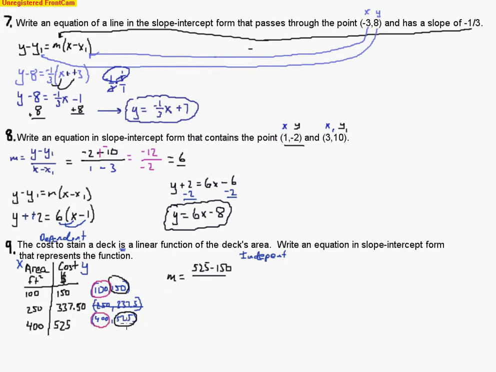Now, since I started with 525, I need to start with 400. So I'll put 400 minus 100. And so from there, we can go ahead and do that subtraction. And when we do that, 525 minus 150 gives us 375. And when we do the subtraction here, we just get 300.